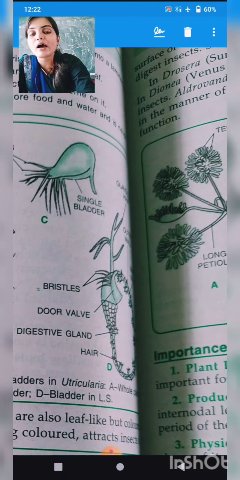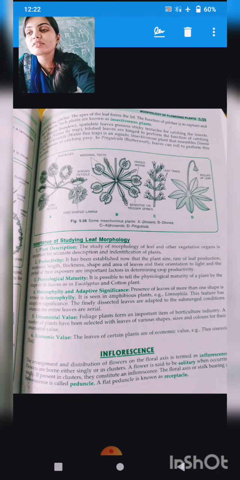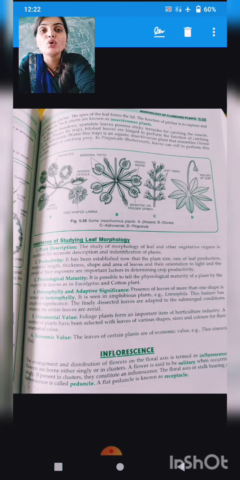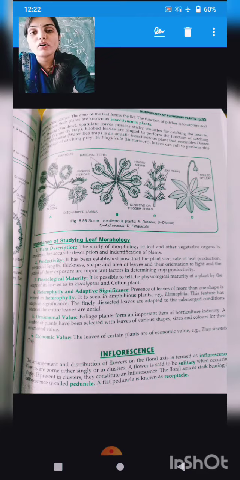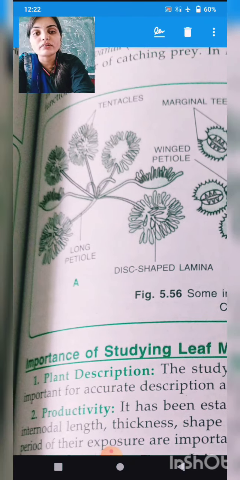Okay, now here you can see some insectivorous plants. In insectivorous plants, what will happen? The leaf is modified for trapping insects. Okay, as you can see their morphology. Okay, long petiole in case of this.